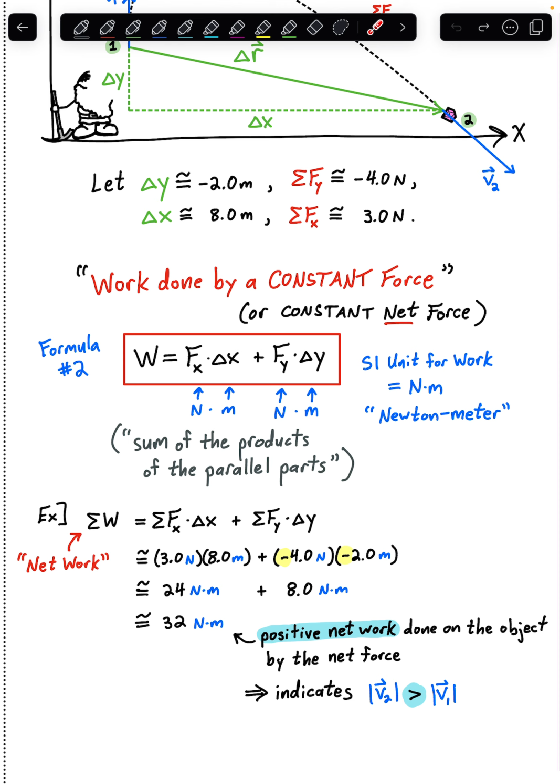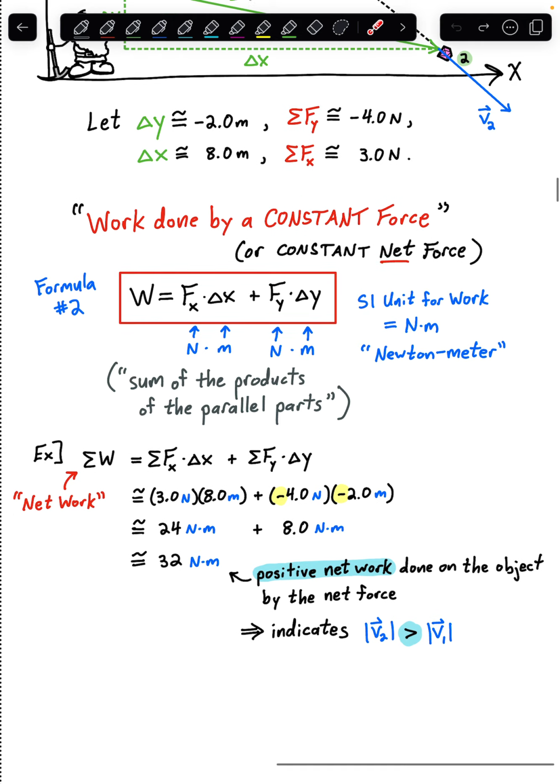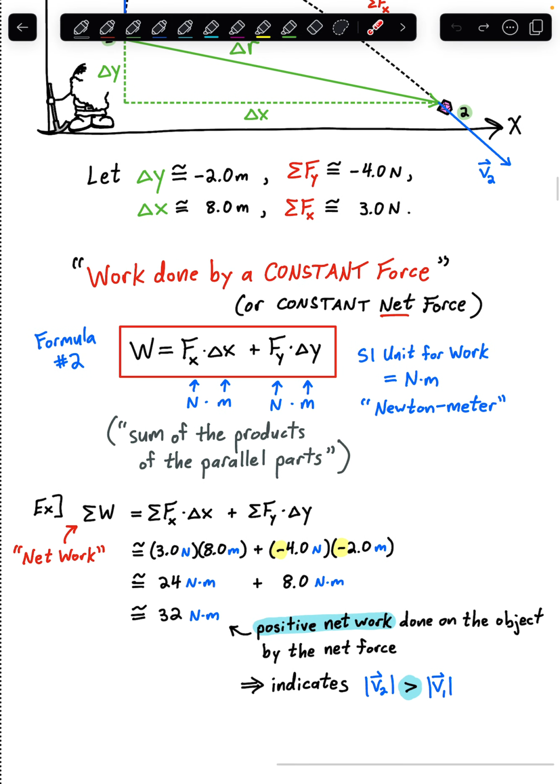So overall, our net force was pushing roughly with our displacement, so it does positive work to speed the object up. So we sum this value with this value to get 32 Newton meters, and we'll call that the positive net work done on the object by the net force.